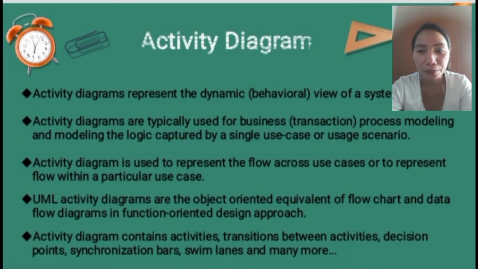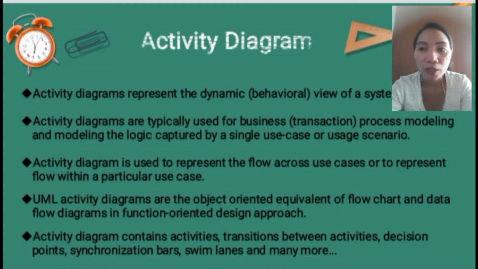Activity diagram. Activity diagrams represent the dynamic or behavioral view of a system. Activity diagrams are typically used for business, transaction, or process modeling and modeling the logic captured by a single use case or usage scenario. An activity diagram is used to represent the flow across use cases or to represent flow within a particular use case.